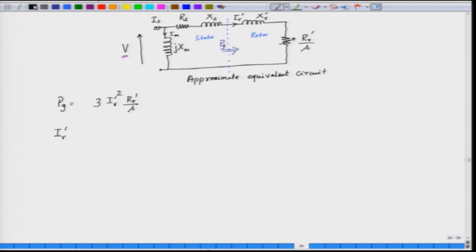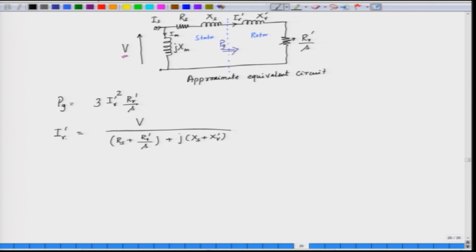So, Ir prime is equal to the applied voltage V per phase divided by the resistance of the stator, the resistance of the rotor, plus the leakage reactance of the stator and the leakage reactance of the rotor. So, this is the rotor current, that is Ir prime.